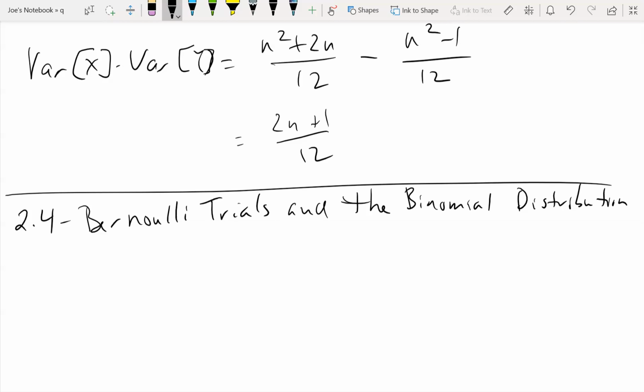So the best way to think about Bernoulli trials, at least for me, is that you've got an experiment that you're going to run, and there are only 2 possible outcomes. Either you succeed or you fail. There's no gray area. Okay?